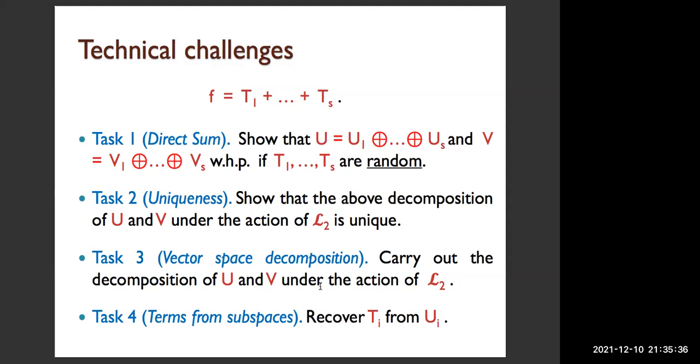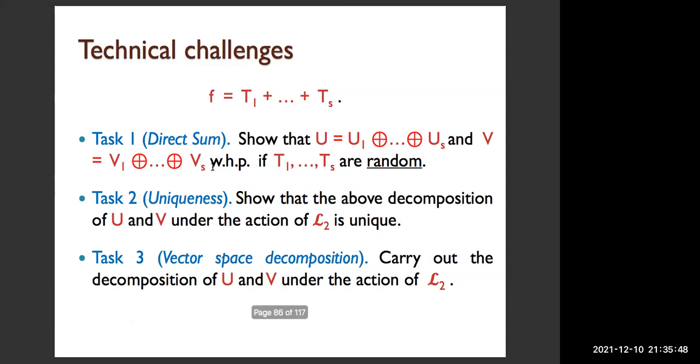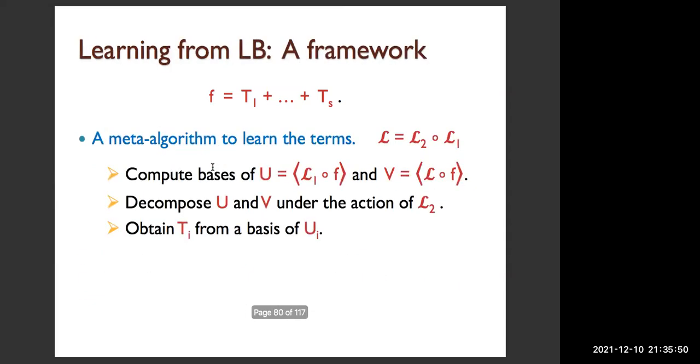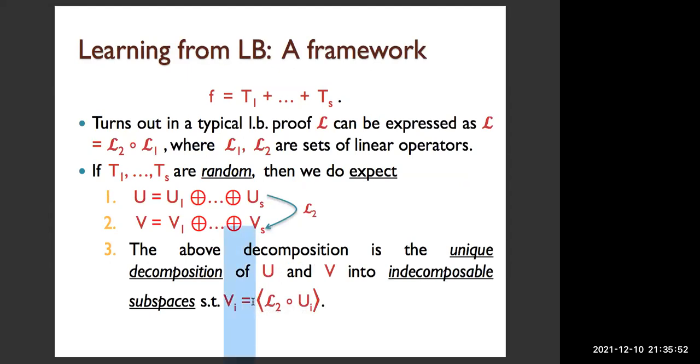I'll elaborate a little more on this task. By uniqueness, I mean that the decomposition that you see above, that U must decompose into U1 through US, V must decompose into V1 through VS under the action of L. Again, under the action of L, I mean basically satisfying this criterion: can I get another bunch of UIs and VIs such that VI would be equal to the space spanned by the L2s acting on the UIs?